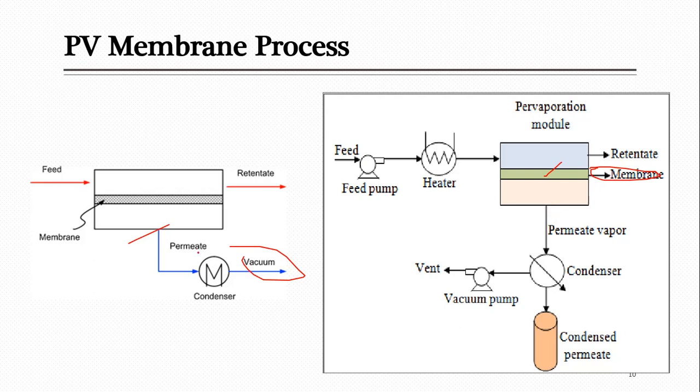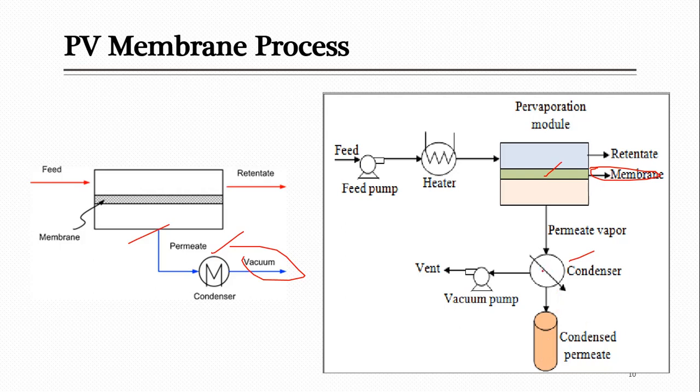By the way, in this diagram it is shown that you are using a condenser here, as well as here, because when this is vaporized, later you just store it or pump it somewhere by converting the phase, you are condensing it. And when you are condensing, some parts are condensed.